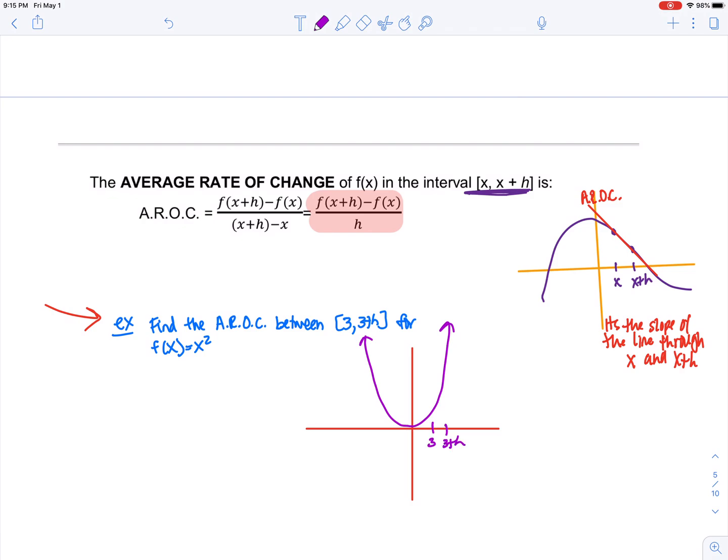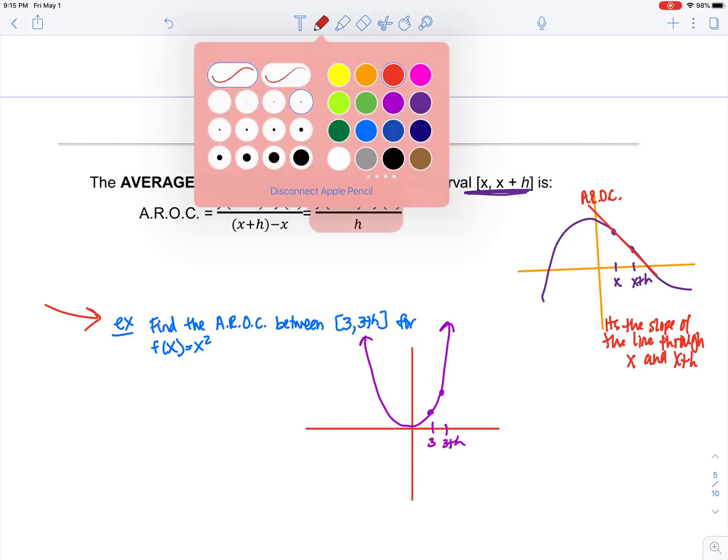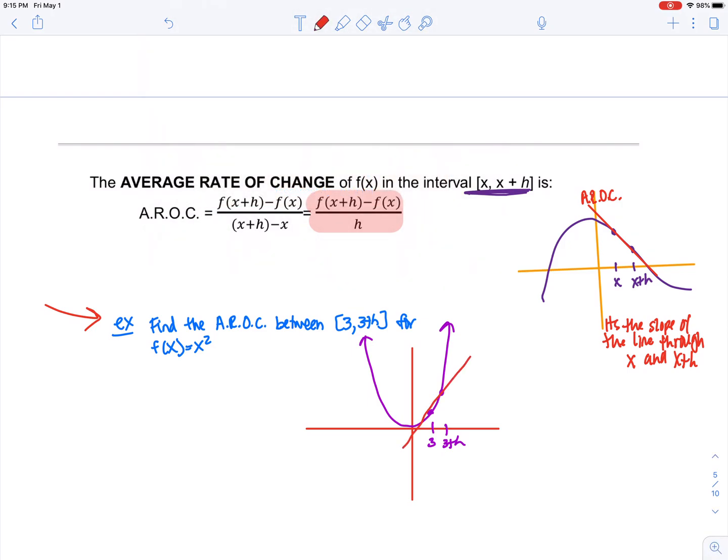So h, again, could be like 0.1, 0.01, 0.0001. We're just going to try to get as close to it as we possibly can. So h, again, is arbitrary. So we're going to find the slope of this line. Okay, so that's going to be the average rate of change, how much it changes over that interval.